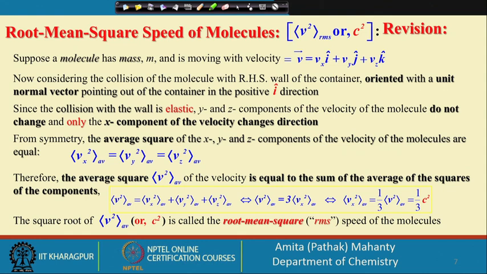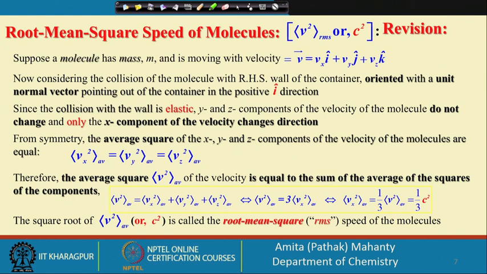So, what I can say is that the average squares of the velocity components in x, y and z can be given as: vx square equals vy square equals vz square. This average energy along the x, y, z direction is going to be equally probable, and they should be equal because we are talking in terms of symmetry.